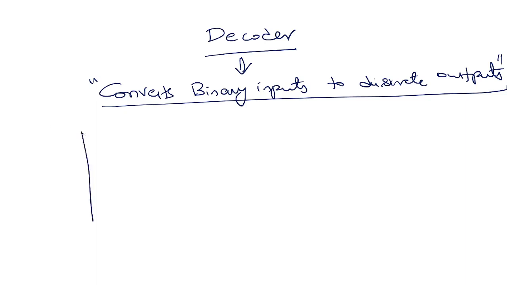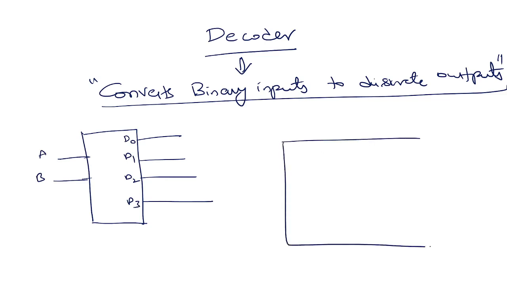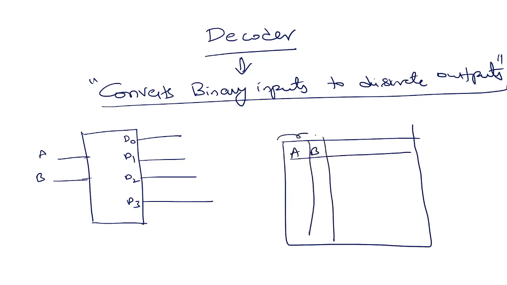So you have a binary input, let's say, for example, 2 input binary, and you can convert it to 4 outputs. Let's say the outputs are D0, D1, D2, D3. Very simple working. How many inputs? 2 inputs. How many outputs? 4 outputs.